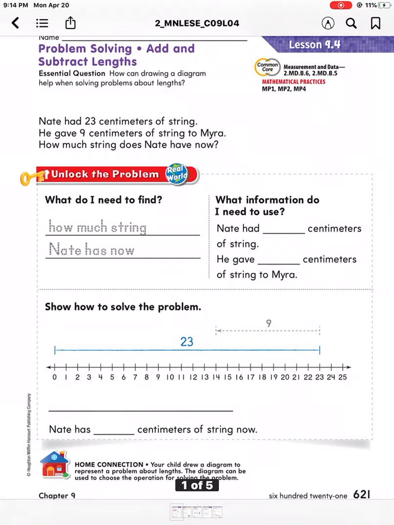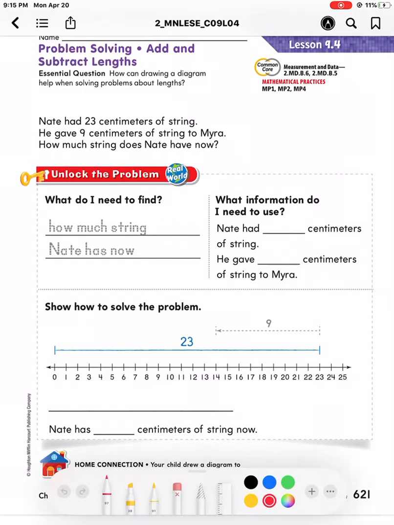So what we have to do is to read the problem and understand the information we have in the problem, which information we are going to use, and what we are asked to find. Now let's open our books, lesson 9.4, page 681, and it says Nate had 23 centimeters of string.